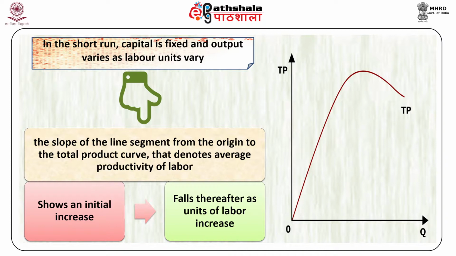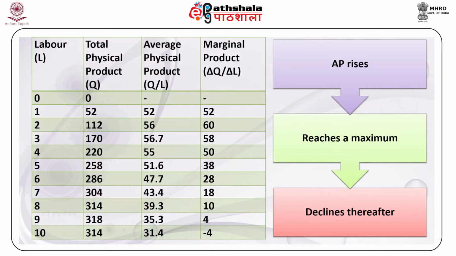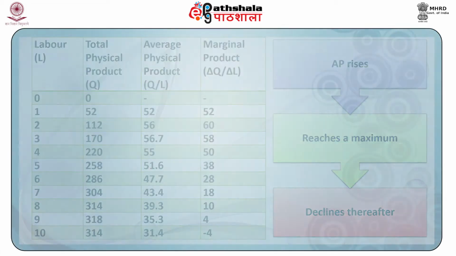Hence, the slope of the line segment from the origin to the total product curve that denotes average productivity of labor shows an initial increase and falls thereafter as units of labor increase. Therefore, AP first rises, reaches a maximum and declines thereafter. In table 2, we can see the same trend, viz. that AP rises and then eventually falls.